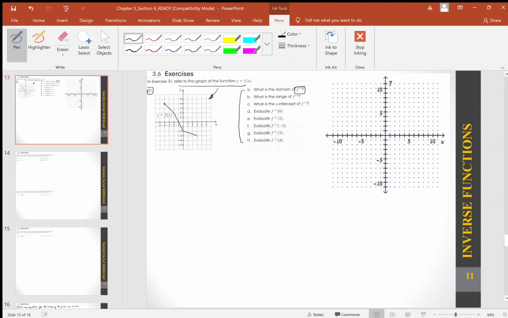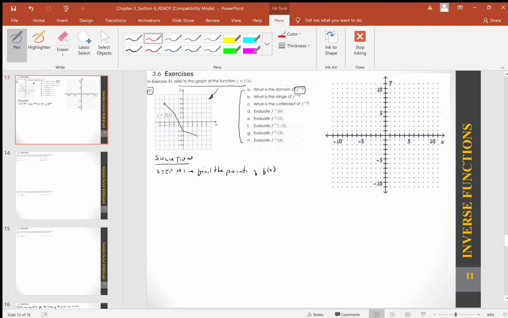As I said before, you want to be able to write down the points at which our f of x exists. So for our solution, step 1, if you want to find or graph the inverse function, step 1 is to find the points of f of x first.